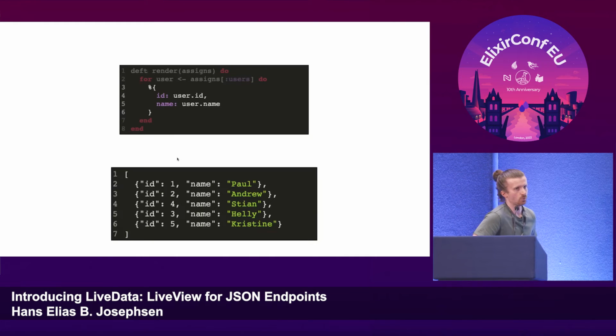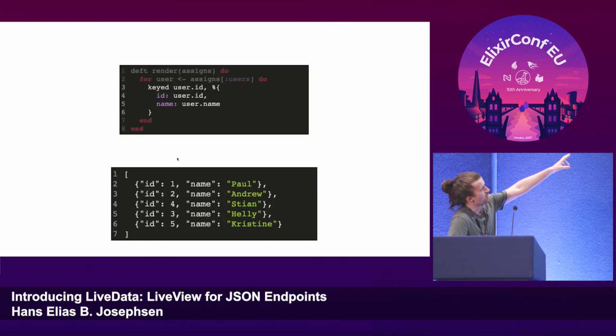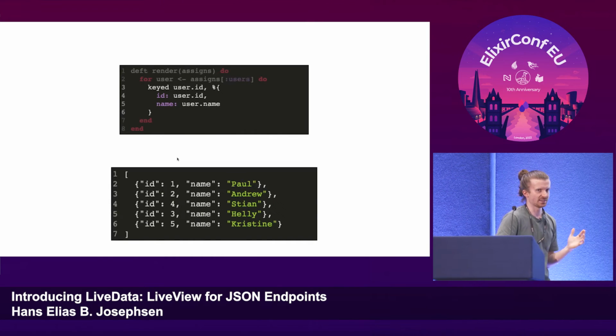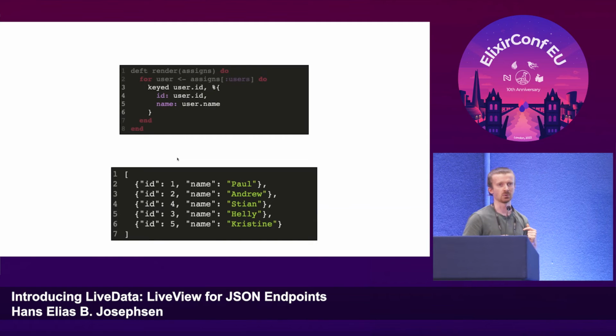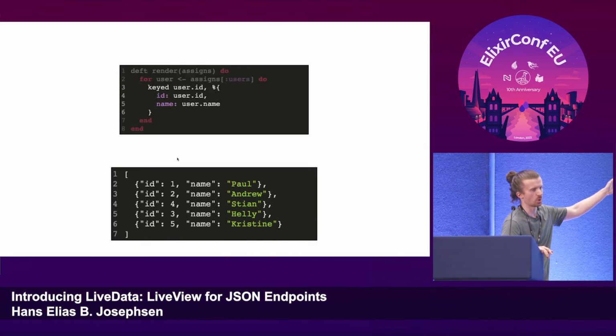So how do we do that for LiveData? There's actually a really simple thing you can insert here. You do keyed, and then user.id, and then you give the inner thing. And this just tells the LiveData framework that I want to give this sub-chunk of the data structure an identity. So now it knows how to track movements of entities across things in lists.